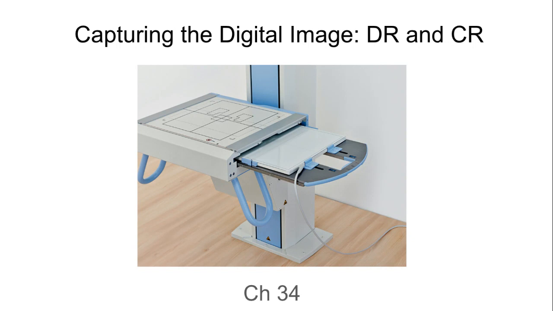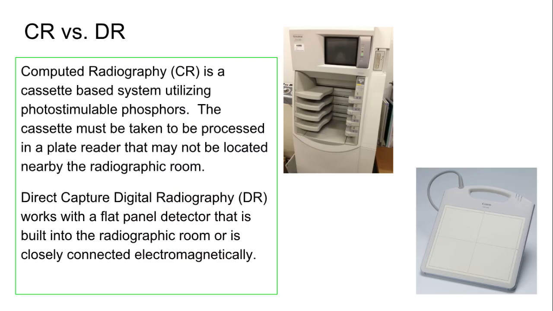So let's just go ahead and get started capturing the digital image. There's a lot to talk about when it comes to the differences between computed radiography, CR, and direct capture radiography, or DR. Usually CR comes in the form of a photostimulable plate, a cassette that we've been using in our lab and you've seen in the majority of hospitals now.